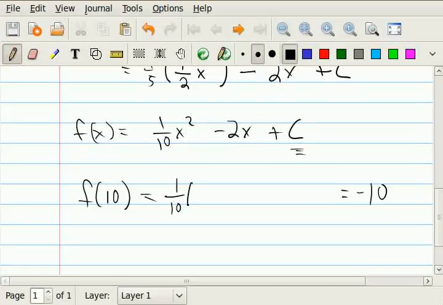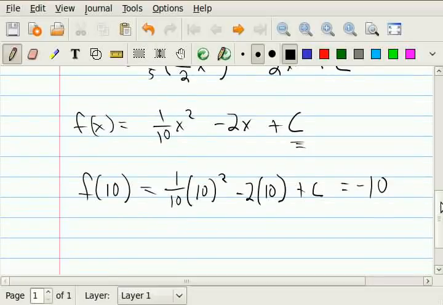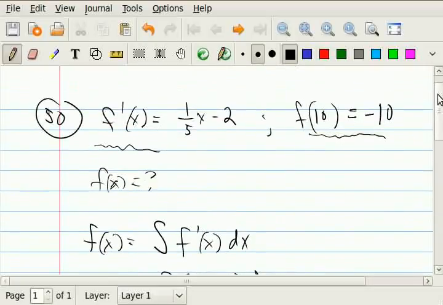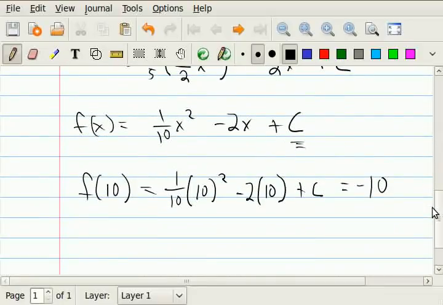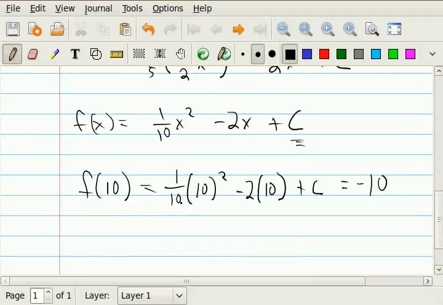So what happens if we put 10 into our function? Well, we get 1/10 times 10 squared minus 2 times 10 plus c. Okay, but that has to be equal to negative 10 because that's something they told us. Okay, they could have said it was equal to 26 or negative 2, but they said it was negative 10. So if you look at this, we can simplify this. That's 1/10 times 10 squared.